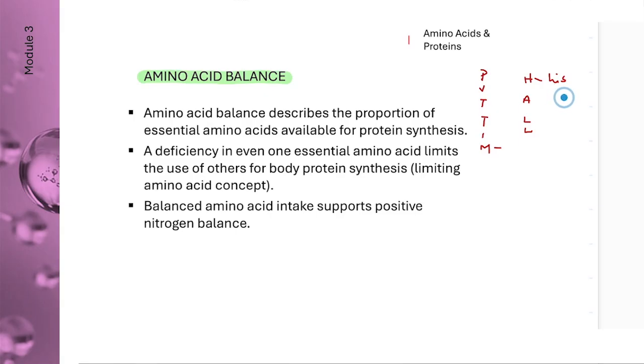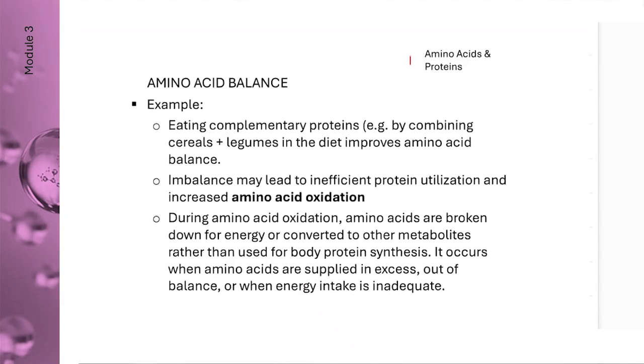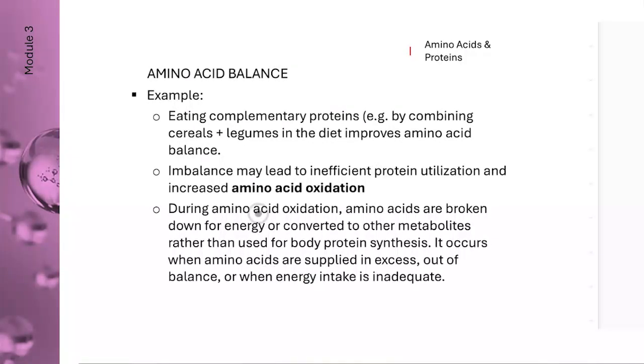It's that amino acid that is required for the production of a particular protein, and the balance in the body in terms of the availability of that amino acid. Talking about amino acid balance, we'll look at combinations of different diets like we've examined before in the previous slide, where you combine cereals with legumes to improve amino acid balance.